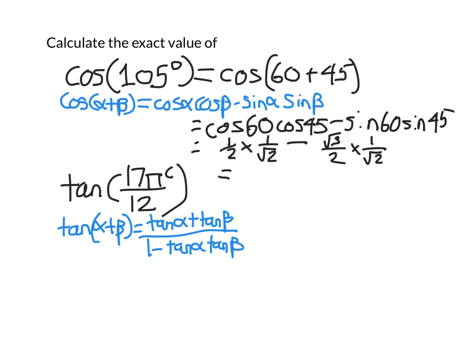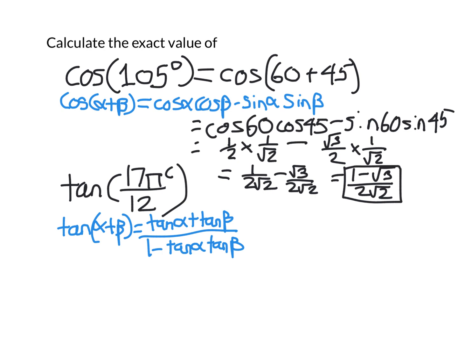So 1/2 times 1 on root 2 is 1 on 2 root 2, minus root 3 times 1 over 2 root 2. And we'll just combine it into one fraction. We only add or subtract the numerators and we keep the denominator the same. So this here is the exact value of cos 105.